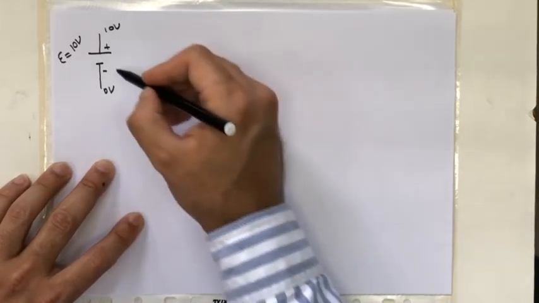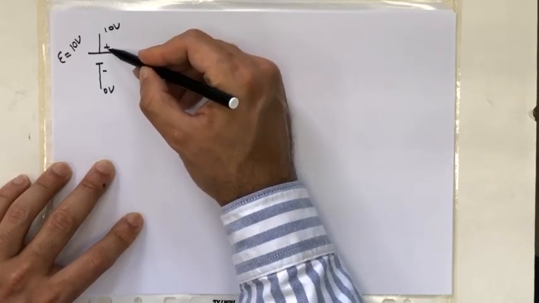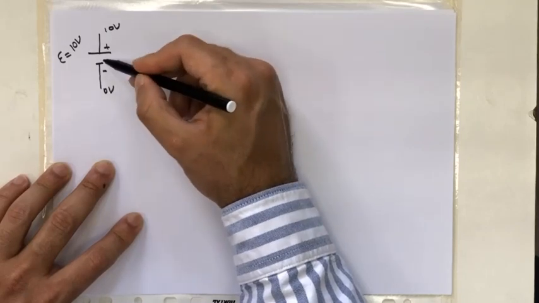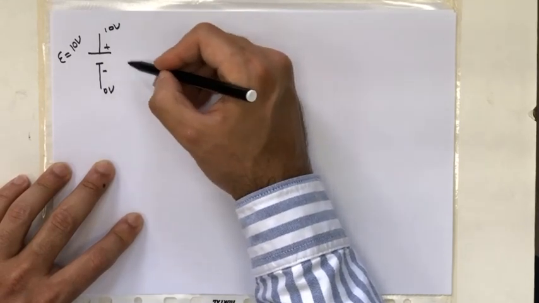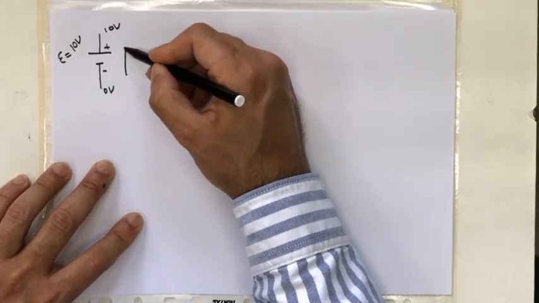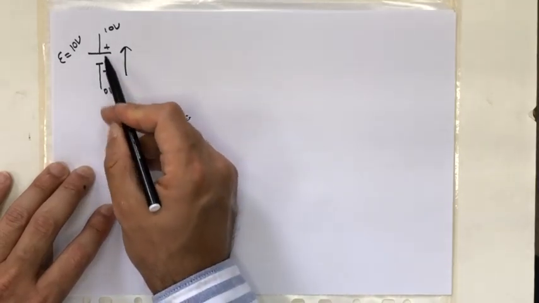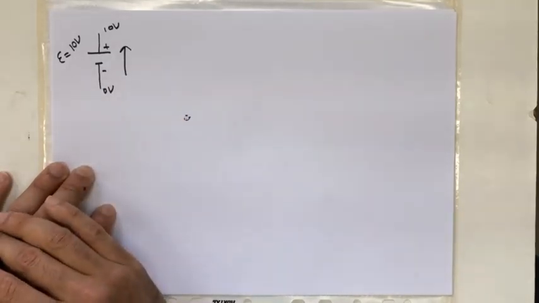Now, let me show that the current will flow from the positive terminal to the negative terminal. So the direction of the current will be like that, from low potential to high potential.